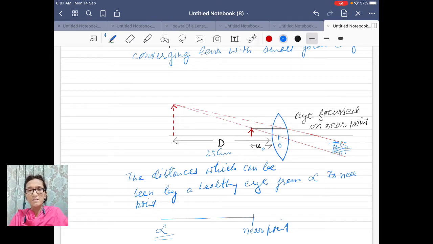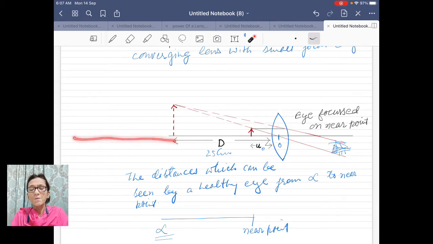The object is viewed such that the image is formed at a distance between 25 centimeter from your eye and infinity. Because our eye has limitations, we can see clearly a range of distance which falls between 25 centimeter from our eye up to infinity.